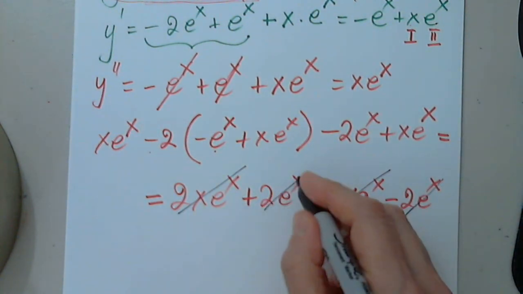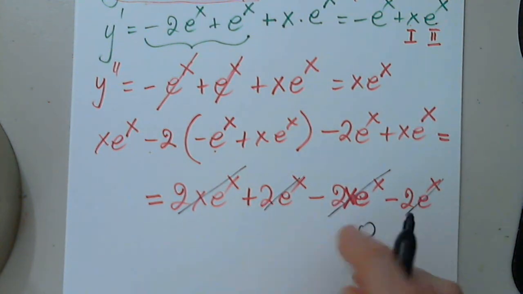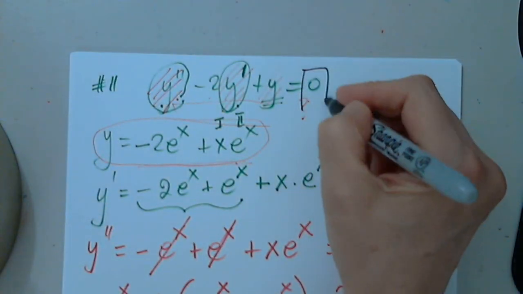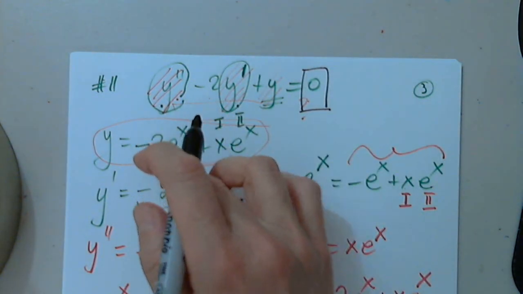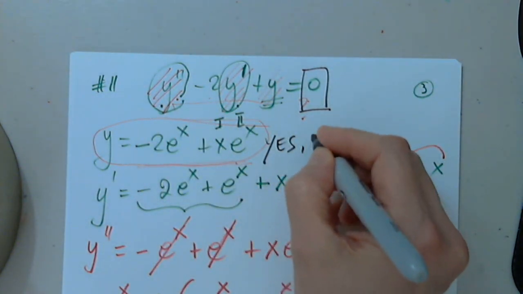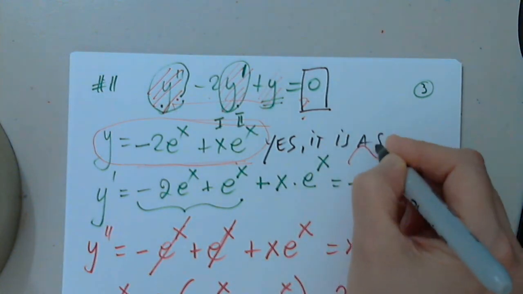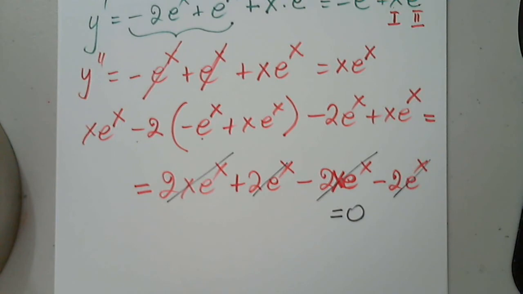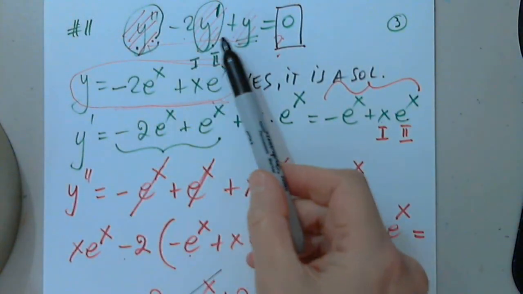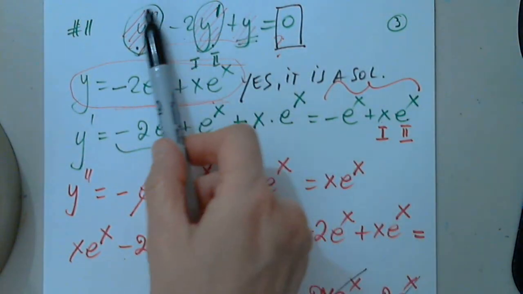Thank you very much. So since the answer is indeed 0, as I was hoping for, I will come back to the function and say, yes, it is a solution. I checked. I determined all pieces. I put everything together.